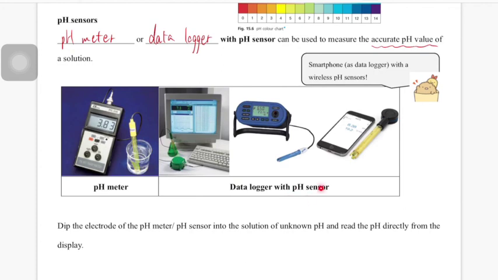So data logger is very powerful in science, and we use it in a lot of areas to do experiments. For this kind of pH sensor, there are some requirements and some steps and techniques that you need to learn to deal with it. And if we get time to use them in our experiment, I'll teach you in detail.